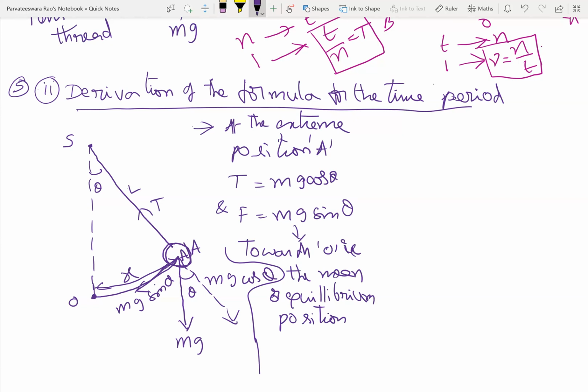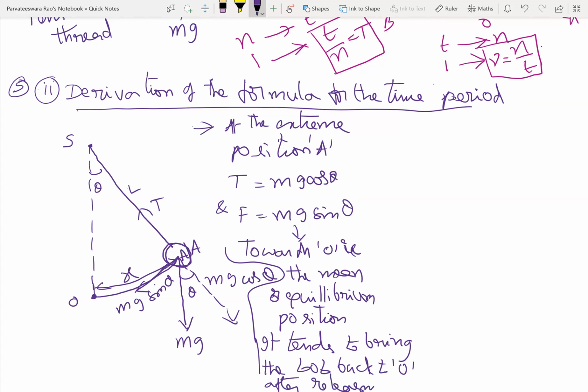So it tends to bring the bob back to O after releasing it, correct? Hence we call it the restoring force.